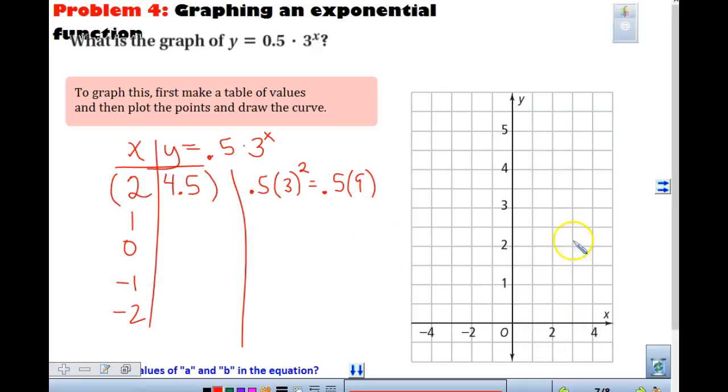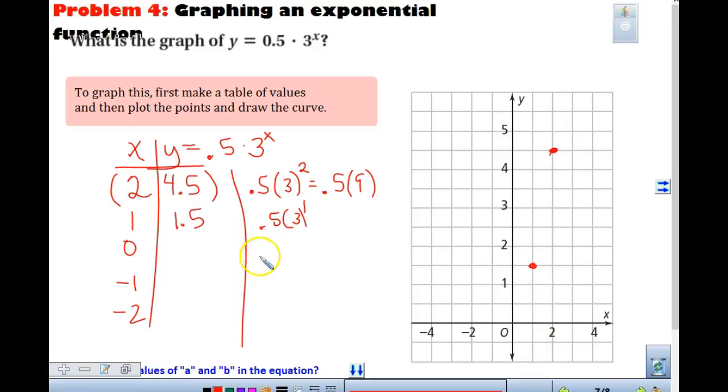I want to see your scales usually going up by 1s on your graphs, possibly by 2s. I do not want graphs going up by 4s, okay? So when you do this one, 2, 4.5 should be here. We plug in 1, we're going to have 0.5 times 3 to the first. That means half of 3, which is 1.5, right? So at 1, we should be at 1.5.